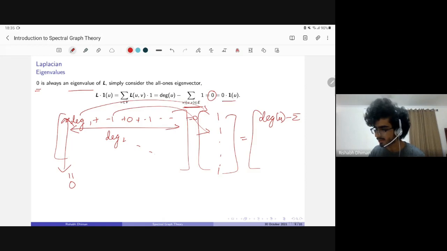So multiplying this all ones vector by L, you get the 0 vector, and that proves that 0 is an eigenvalue with the associated vector being the all ones vector.